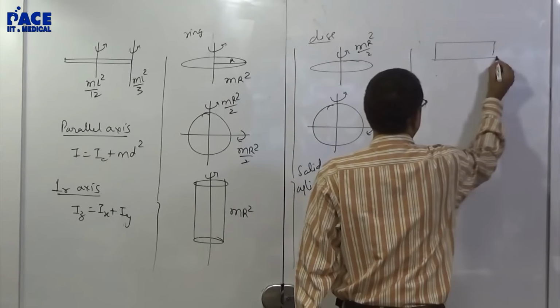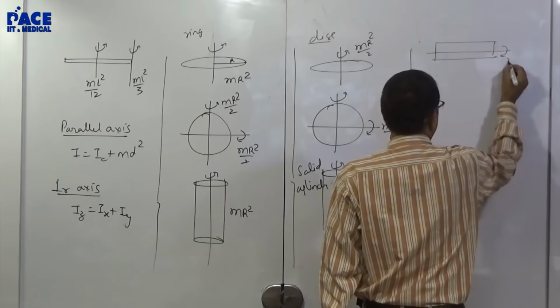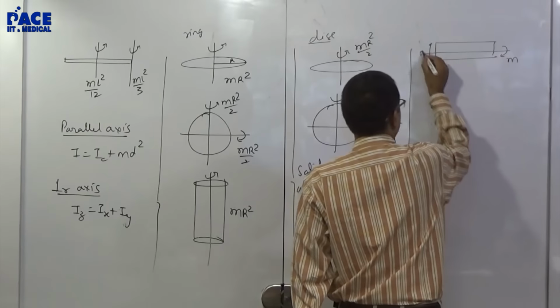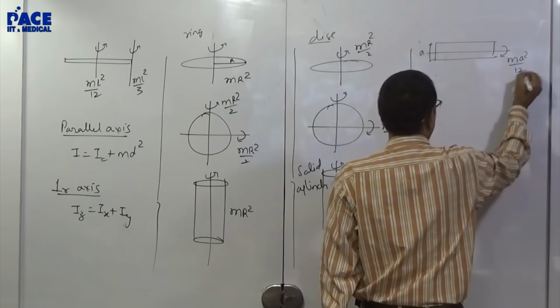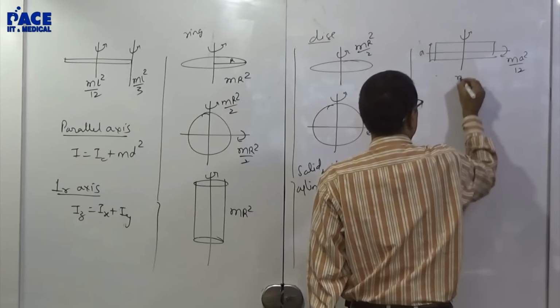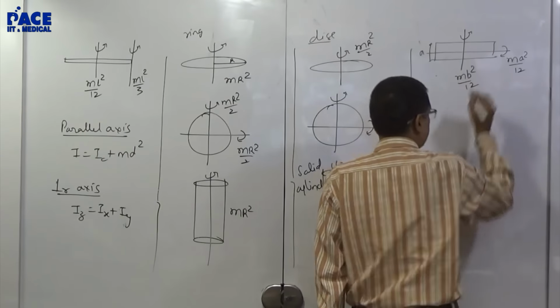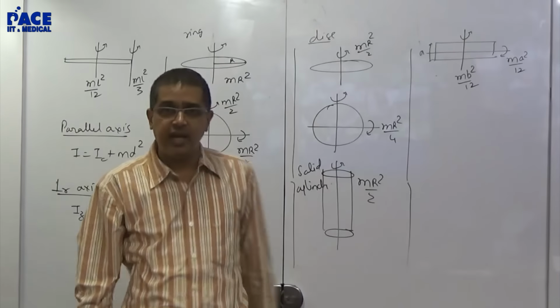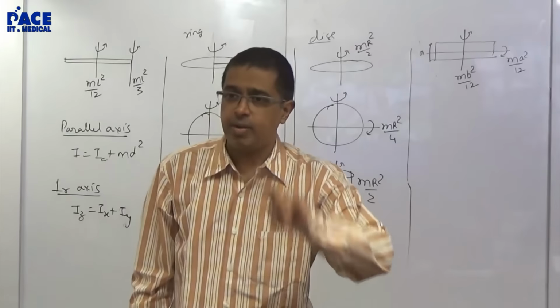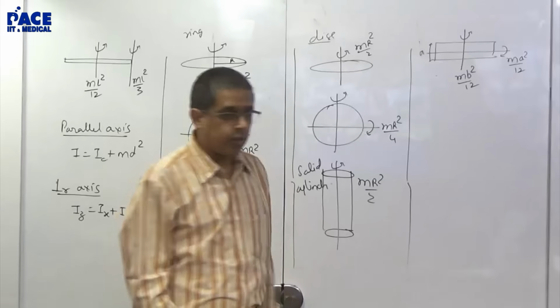Plate, this will be m a square by 12. This will be m b square by 12. So Iz will be ma square by 12 plus mb square by 12.